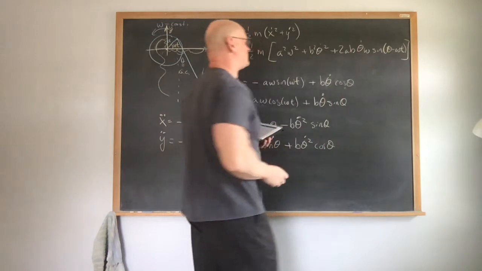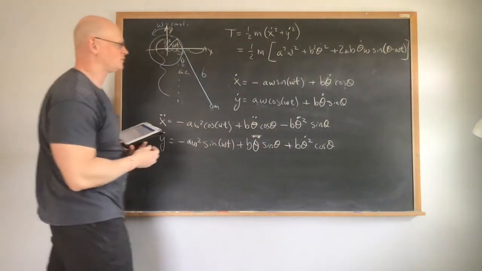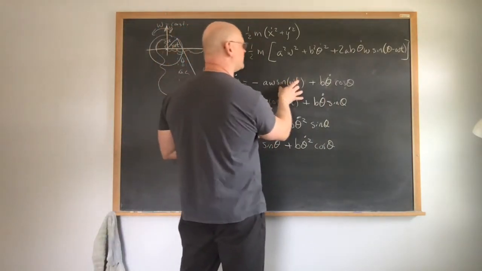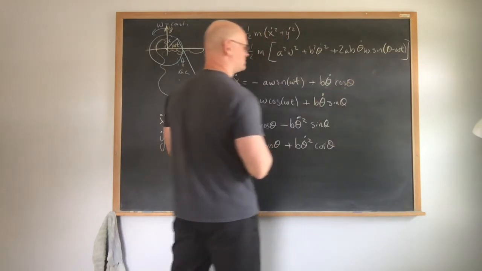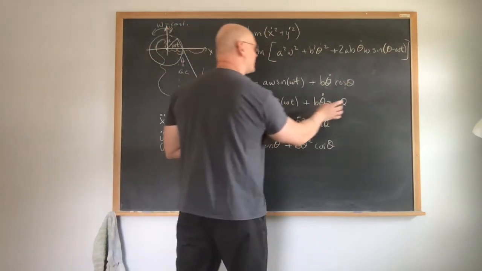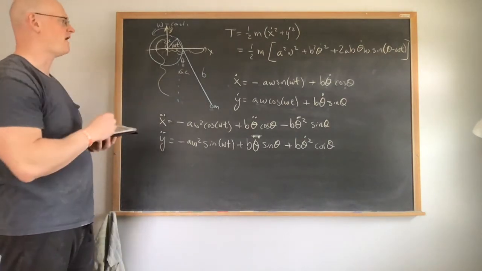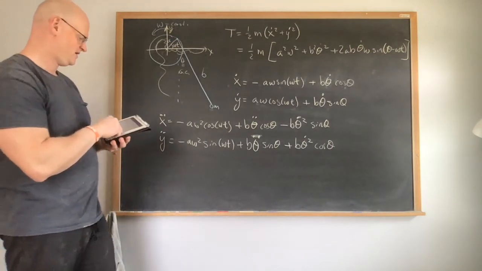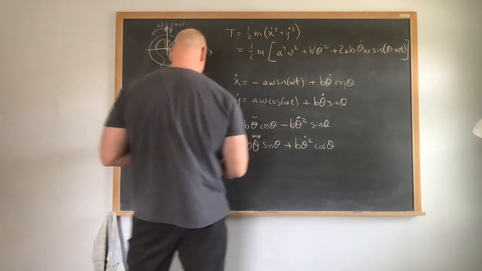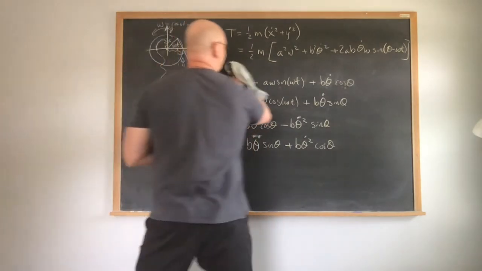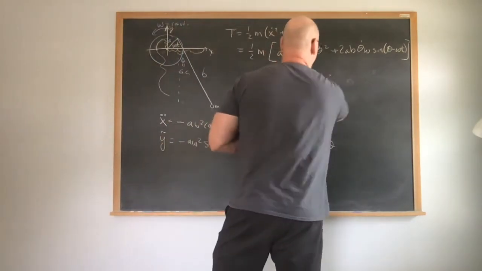Here I'm using a double angle formula, because when I look at the cross terms I'm going to have a sine of omega times cosine of theta and then cosine of omega sine of theta. So I'm just using a double angle formula which reduces to this. Minus my potential energy term. So let's write down our potential energy.